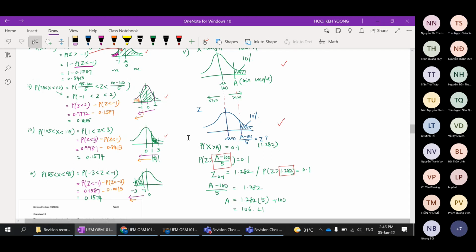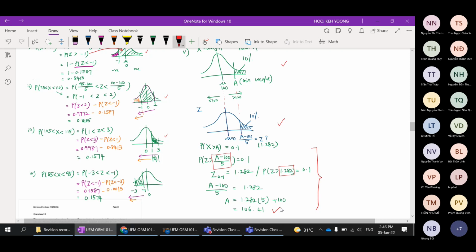Yes, you can just write the numbers. If you can write this part until getting the final answer, you'll get full marks.